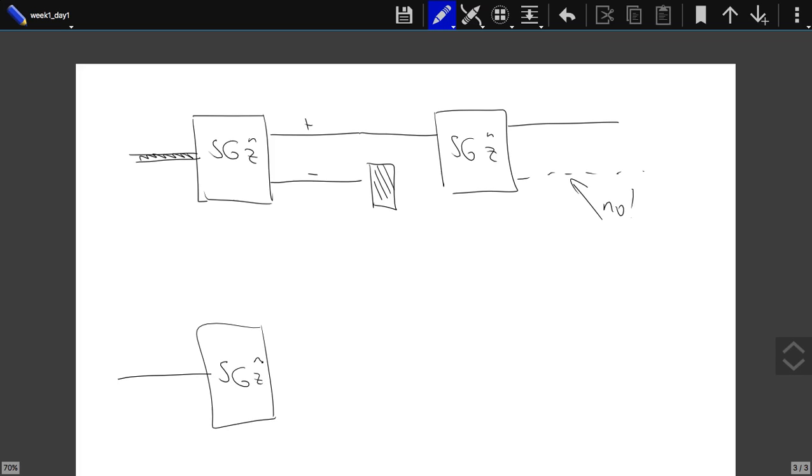Now let's do some other experiments. Again, I have this Stern-Gerlach experiment in the Z direction. It splits up and down, and again I block the lower one. Now let's say I put another Stern-Gerlach experiment with a magnetic field in the X direction.